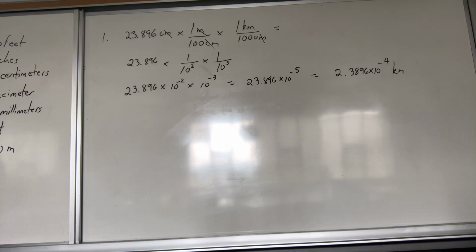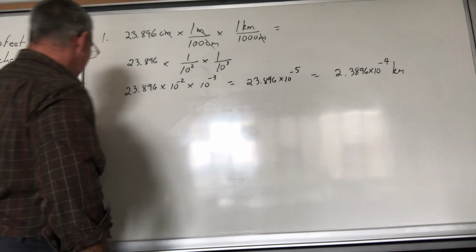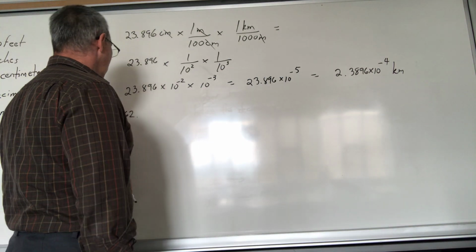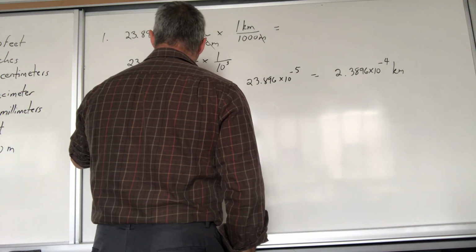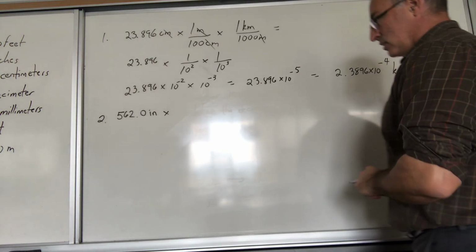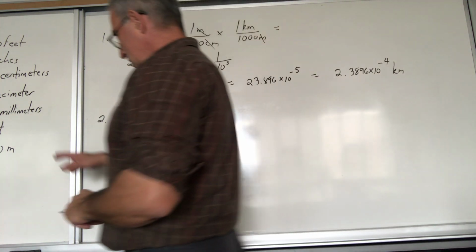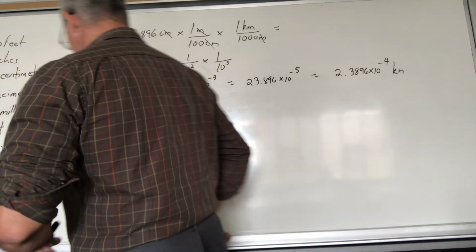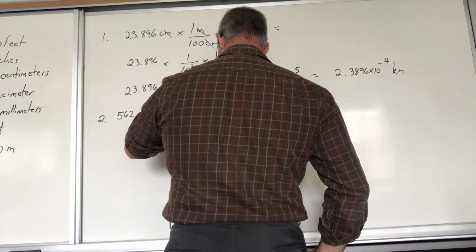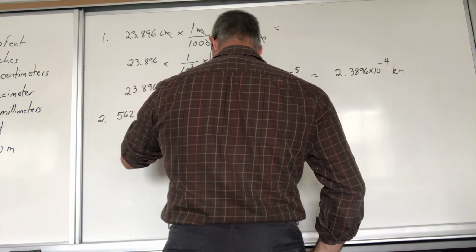Okay, so start off with 562. I want to turn inches into something that is getting closer to kilometers, so let's turn it into centimeters. So I'm gonna say 2.54 centimeters per 1 inch.